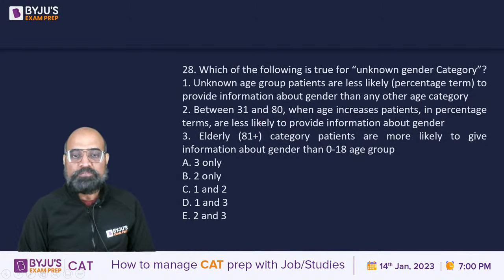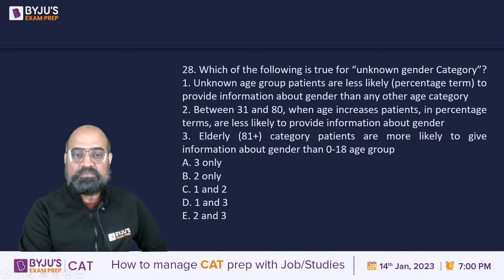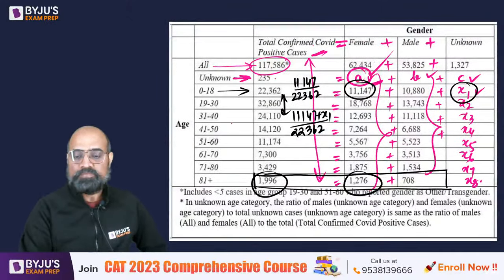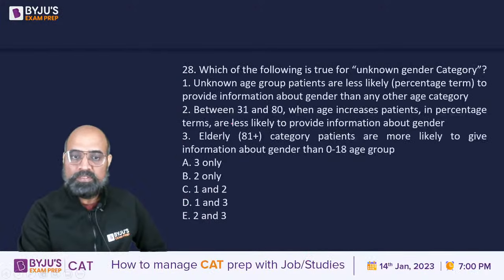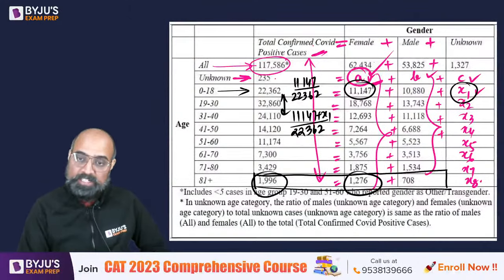Next one. Which of the following is true for the unknown gender category? So unknown age group patients are less likely to provide information about gender than any other age category. Unknown age group. Okay, so they are talking about percentage terms, right?